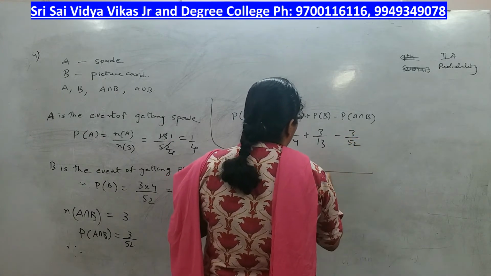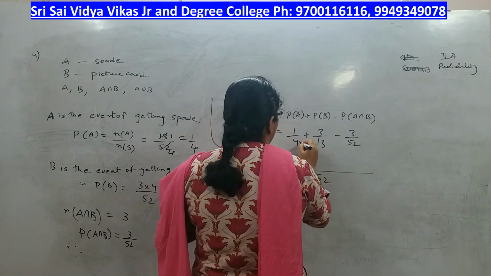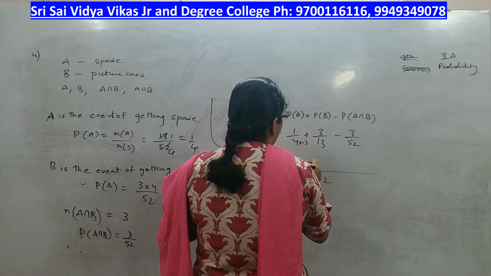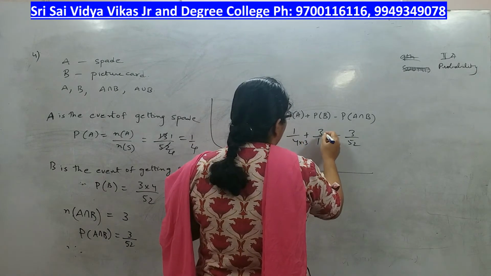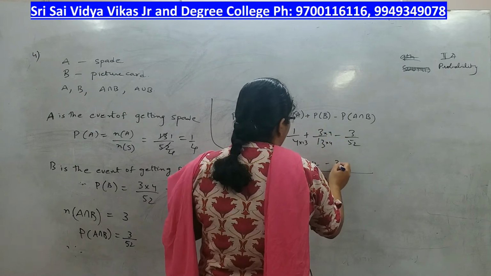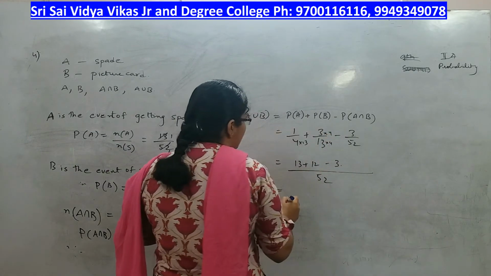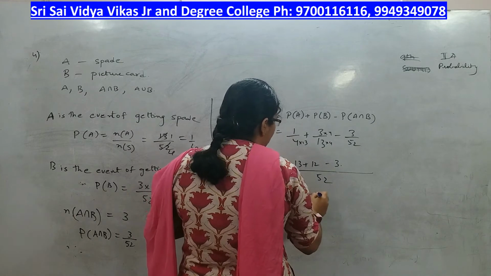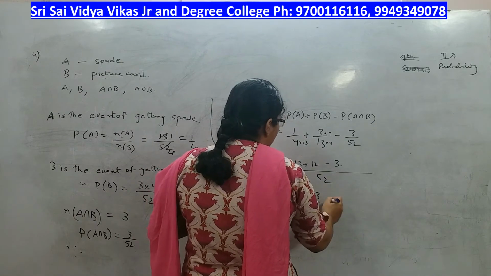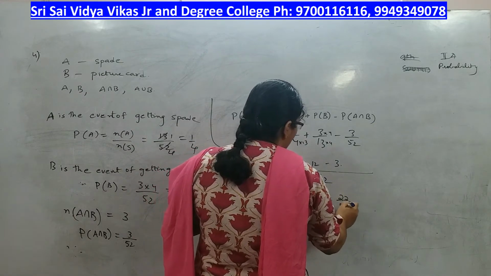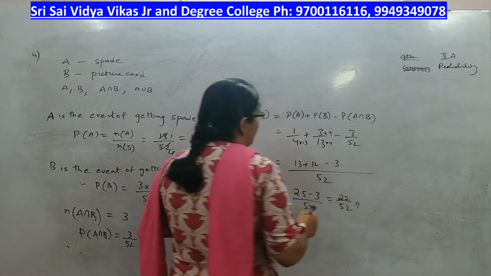So you have 52 in the denominator. 4 into 13, that is 13 into 4, 3 into 4, 12 minus 3, that is 25 minus 3 by 52, which is 22 by 52. This is what you have.